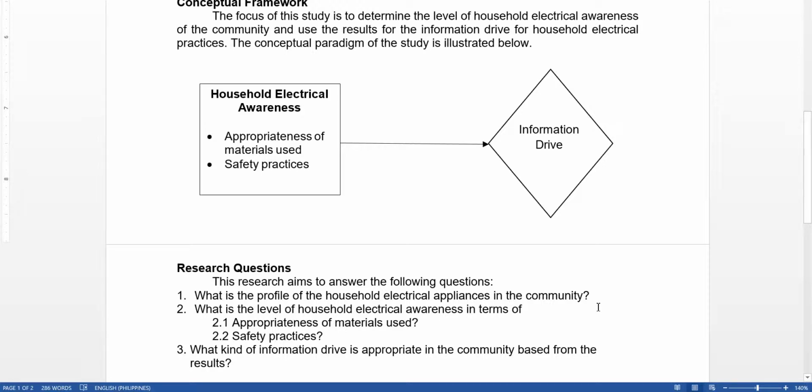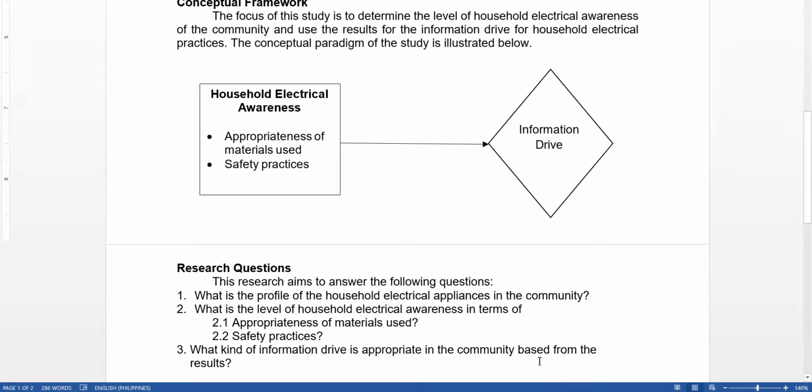The second research question is, what is the level of electrical awareness in terms of the first one, appropriateness of the material used, and the second one, safety practices.